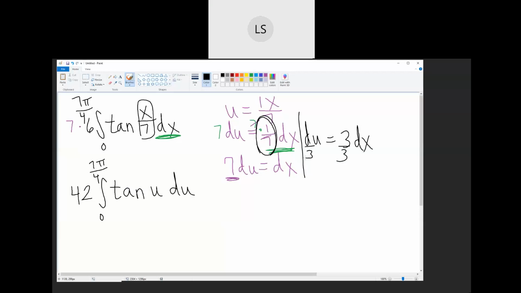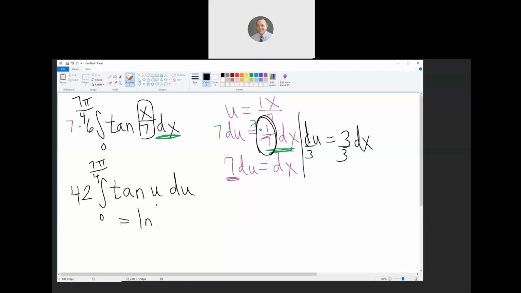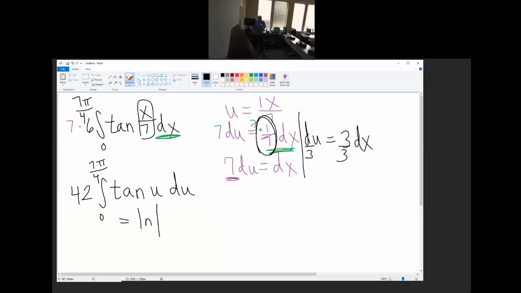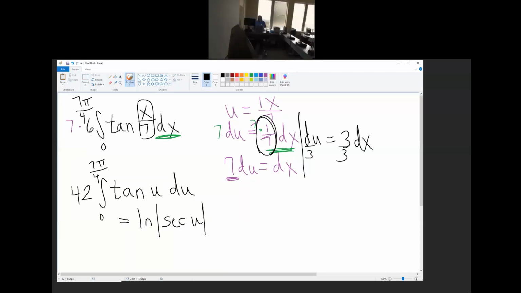Now, the integral of tangent u is one of our basic trig integrals, and it is actually a natural log, absolute value of secant u. Now, before we plug in our limits of integration, we need to back substitute what u originally is.